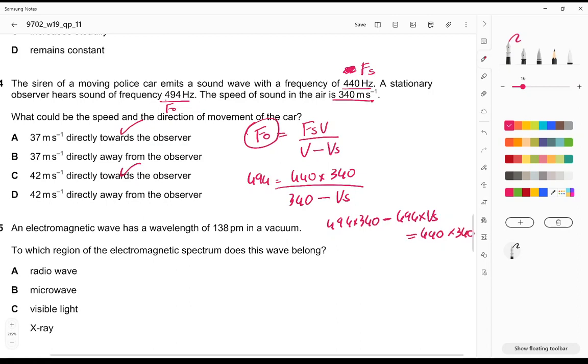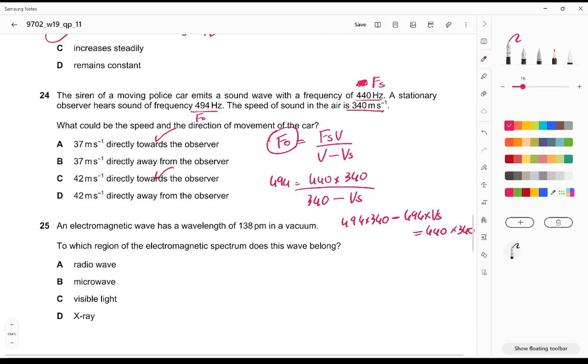So I've multiplied 440 by 340, and I'm going to be subtracting this by 494 multiplied by 340, and then dividing this by the negative of 494, and this gives me a speed of 37. So A should be the right answer.